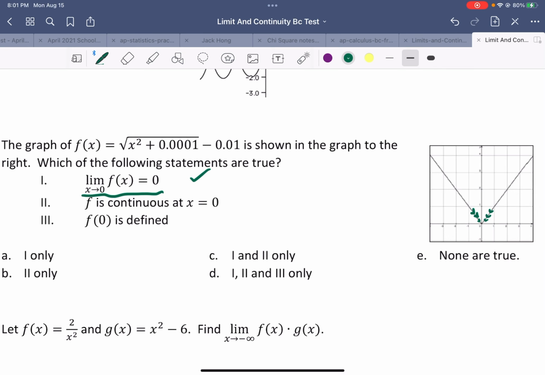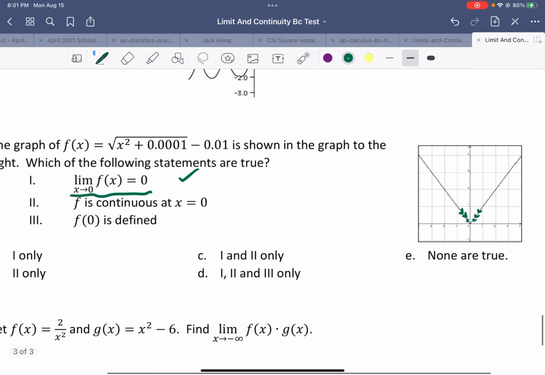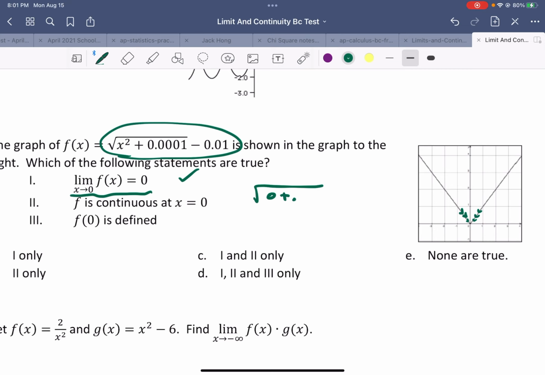They gave you this value here. So actually, when you plug in 0, see what happens. When you use a calculator, the square root of 0.0001 is 0.01.